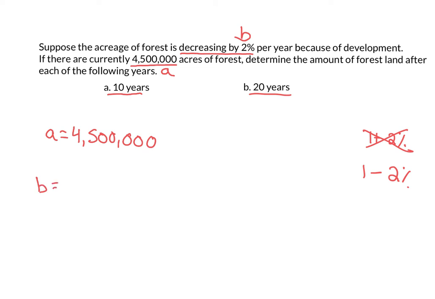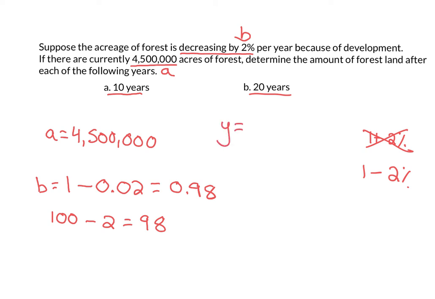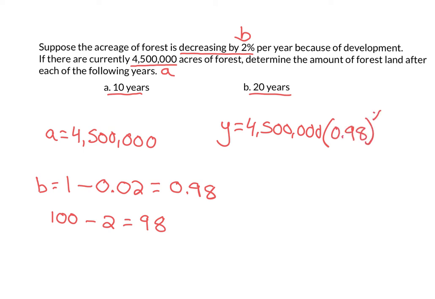And B is 1 minus 2% as a decimal, 0.02. One easy way to think of this is 100% minus 2% is 98%, which is 0.98. So either way, my equation, y equals 4,500,000 times 0.98 to the power of x.